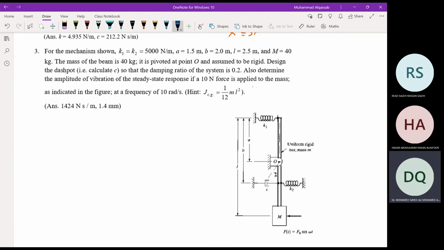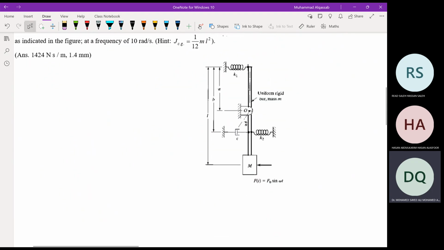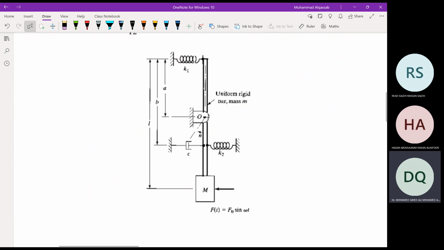In order to answer this, we need to take an arbitrary position. This is theta. Then we draw the free body diagram. The bar is uniform, rigid, with mass m, so its weight acts at L/2.